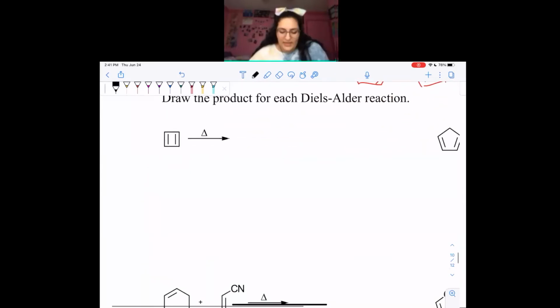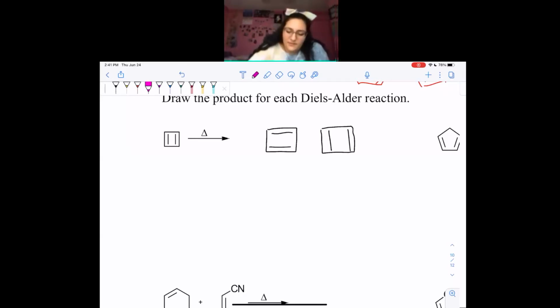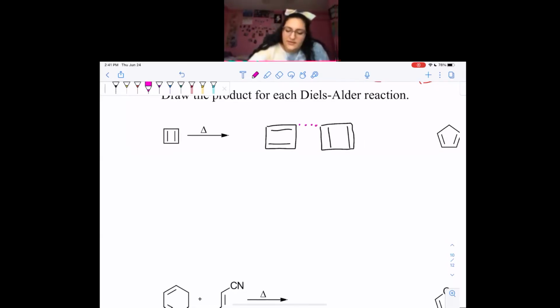Okay, so if he gives you this, which he probably won't, you're just going to do this reacting with itself. So it is going to be like a dimerization. So we connect A, B, 1, 2, 3, 4.